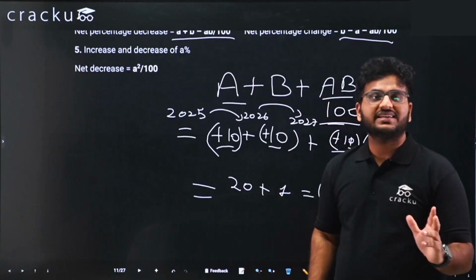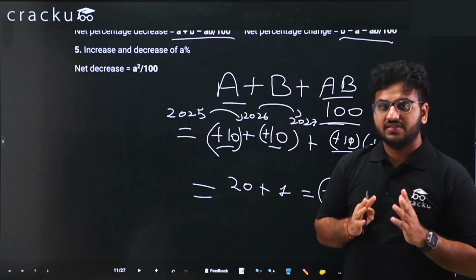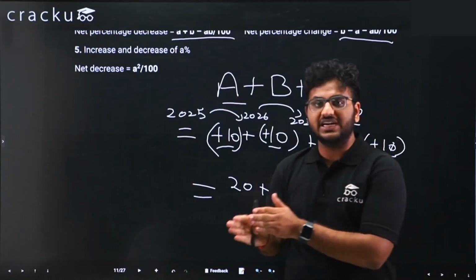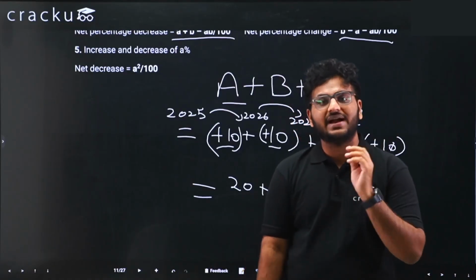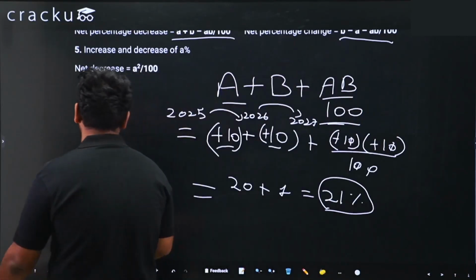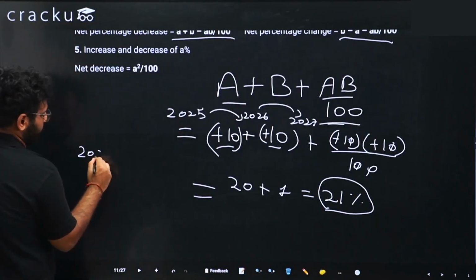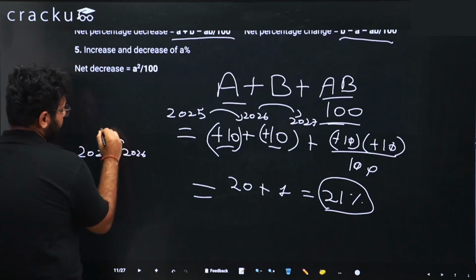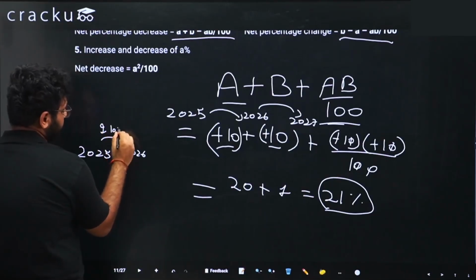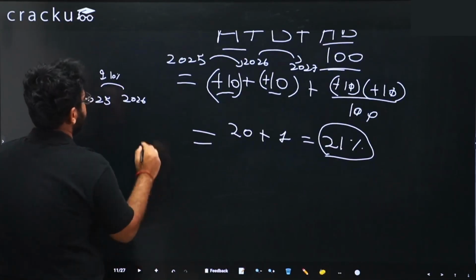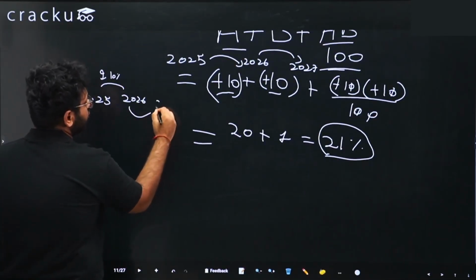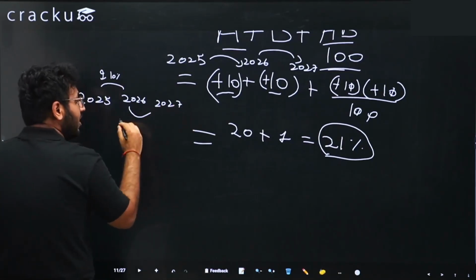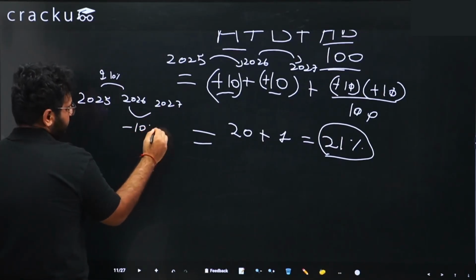So basically let us take an example that from 2025 to 2026 it increases by 10%, and from 2026 to 2027 it decreased by 10%.